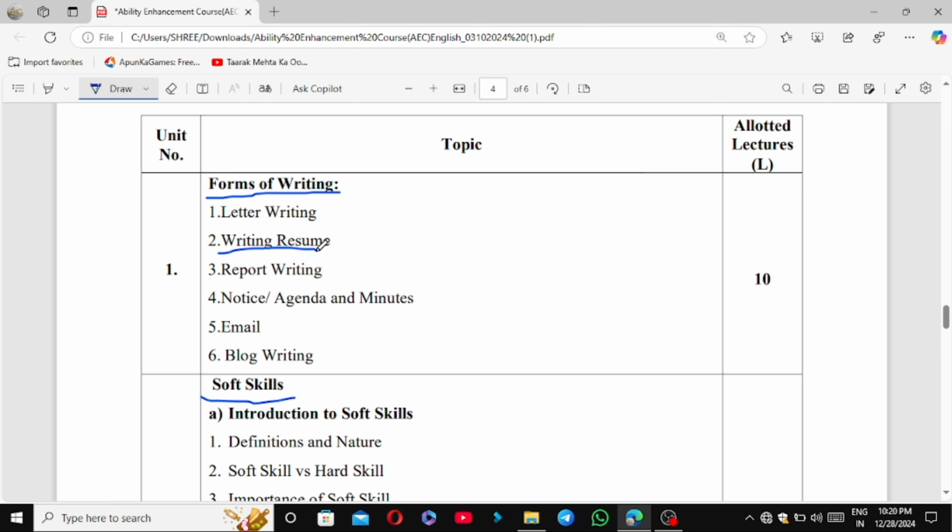The company or the head of the department where you are applying for the job asks you for a resume. So a resume is a document that highlights your skills. In a resume you write about your skills, your education and your work experience. And in a resume you also attach your documents. So there are some sections of a resume.